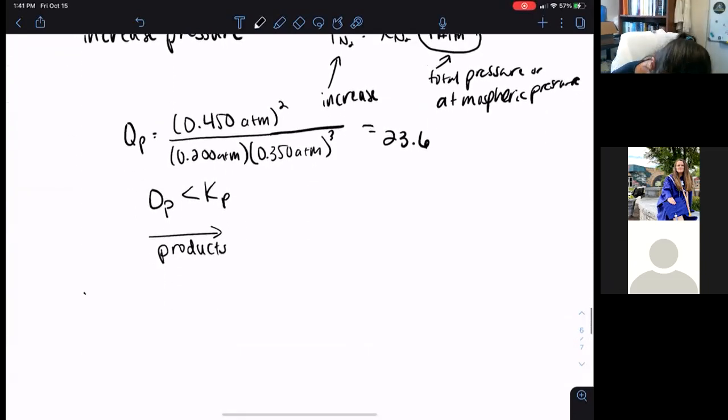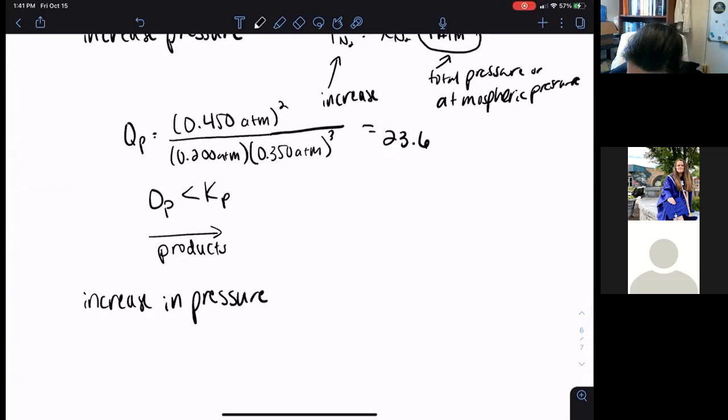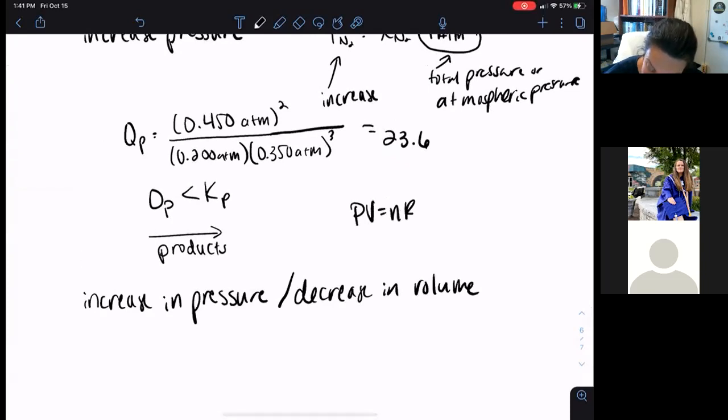So an increase in pressure, which is the same as a decrease in volume, will have the same effect. Remember, thinking about PV equals nRT, pressure and volume are inversely related. So as you increase pressure, you're decreasing volume, or decreasing volume is increasing pressure. So they're going to have the same effect either way.